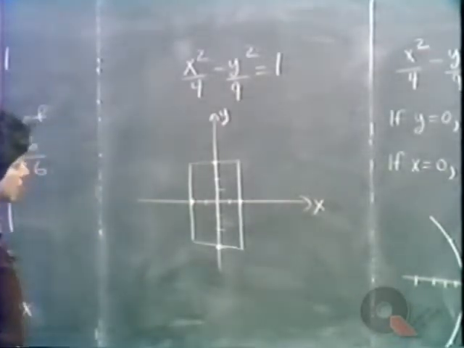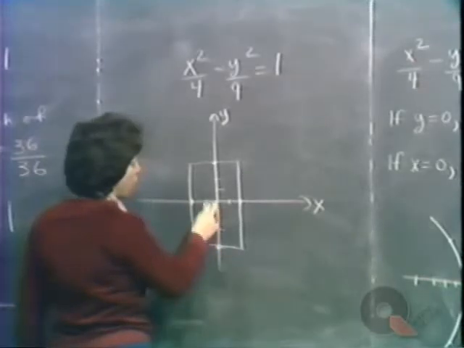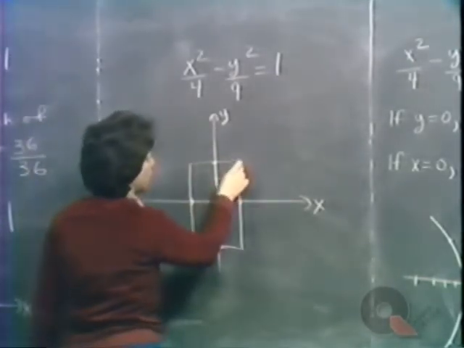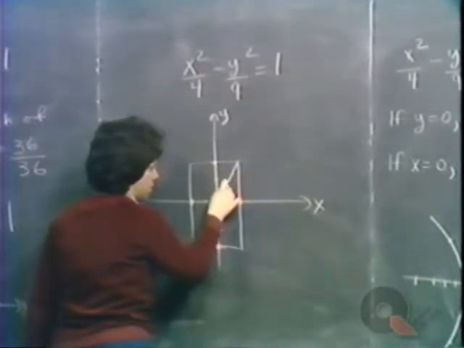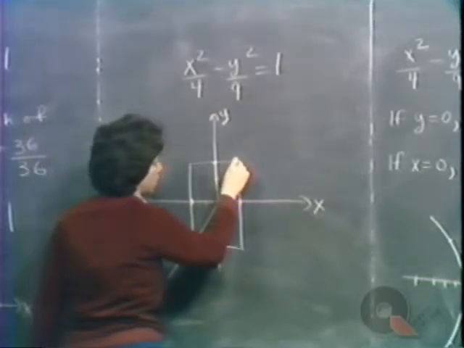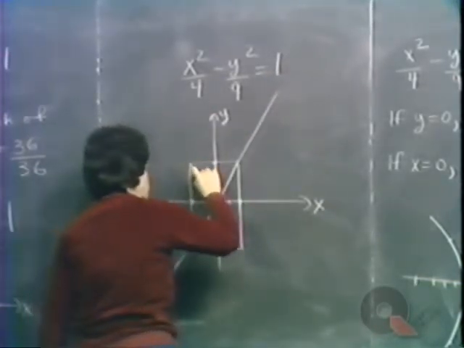Now I want you to draw the diagonals of this rectangle. They will, of course, go through the origin, and I want you to extend them beyond the corners of the rectangle. So we have one diagonal, and I want you to extend it, like so, and let's put the other diagonal in.